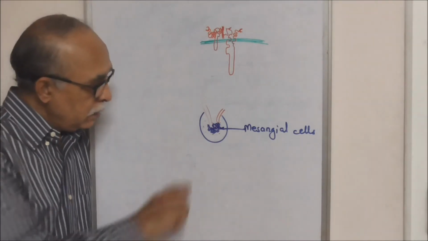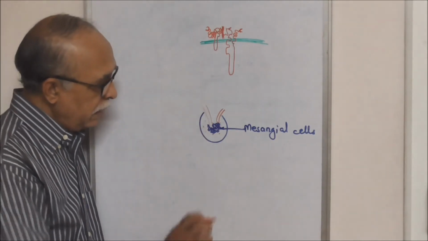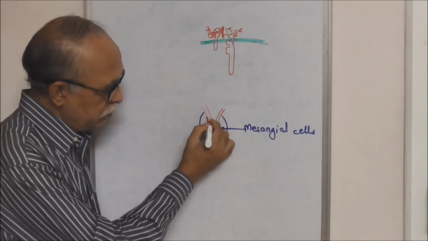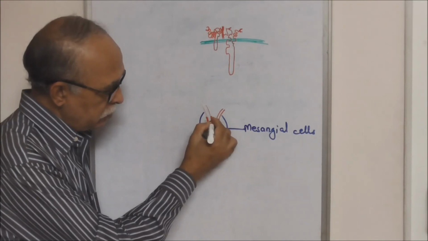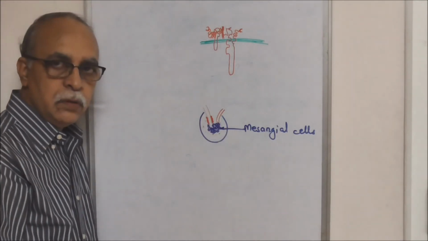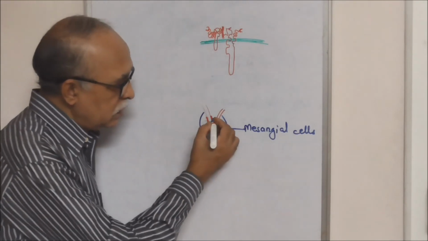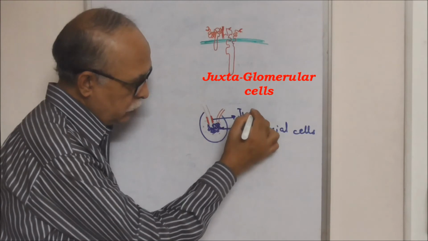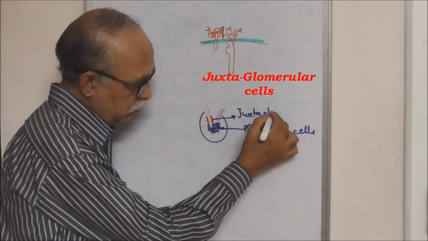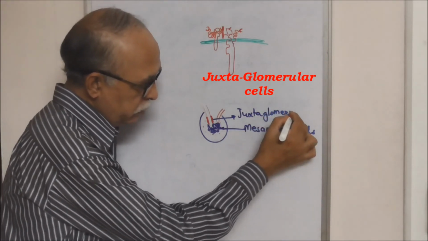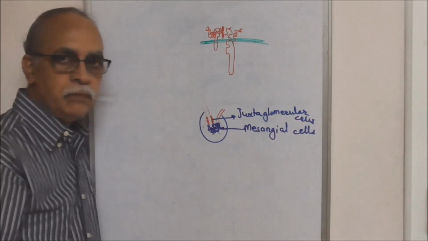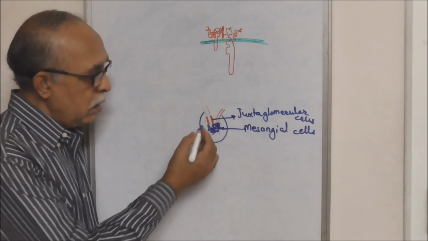Whereas, if this is the afferent vessel, there are certain cells in its covering, here, in this position. These cells are called juxtaglomerular cells.